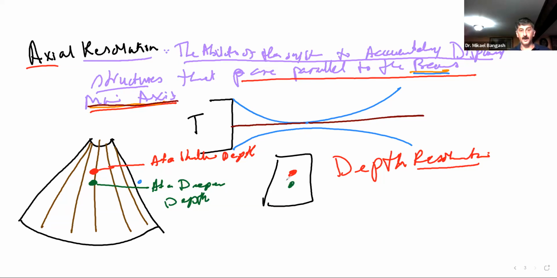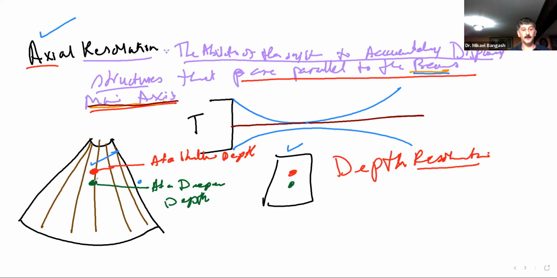Now we can mainly say that in this instance, if these two structures are shown up as two separate structures when we scan them, and they show up on the image like this, that will be a good axial resolution, or a good depth resolution, because our system was able to distinctly show these two structures as two different structures on your image.